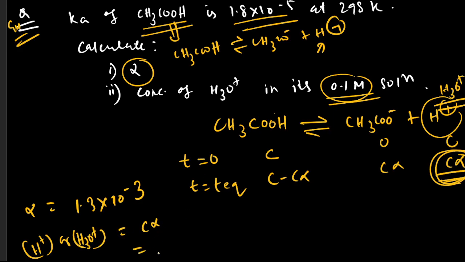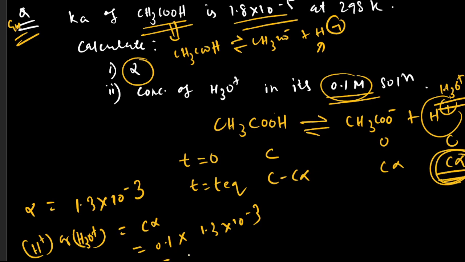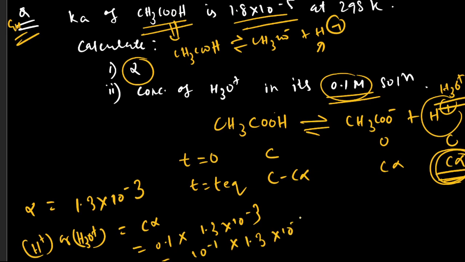C is 0.1 and alpha is 1.3 into 10 raised to minus 3. So this equals 10 raised to minus 1 into 1.3 into 10 raised to minus 3, which becomes 1.3 into 10 raised to minus 4. This is the concentration of H plus.